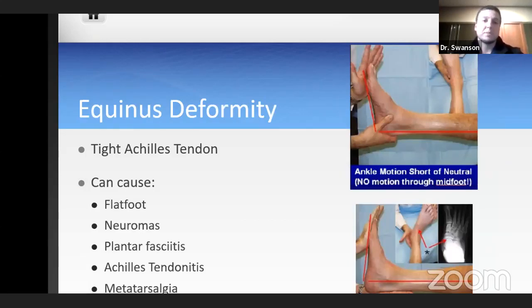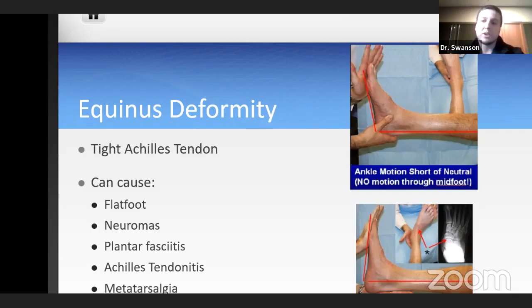A lot of times, heel pain is originating from a deformity called equinus deformity. What does this mean? Well, this means that the back of our legs are very tight along the Achilles tendon. The word equinus stems from equine or horse. So if we think about a horse's hoof pointing straight down to the ground, that same concept is what we correlate into how much ankle range of motion we get.